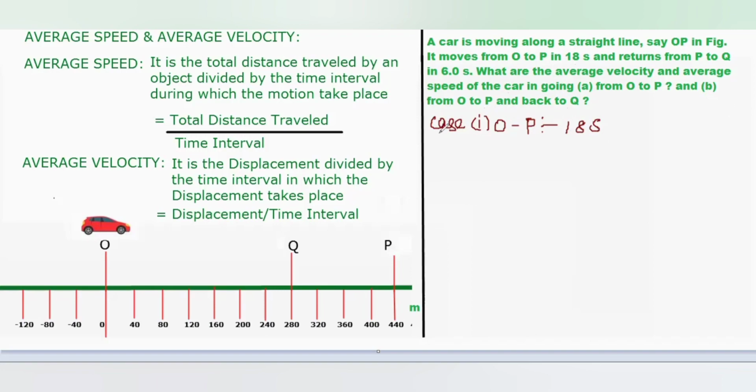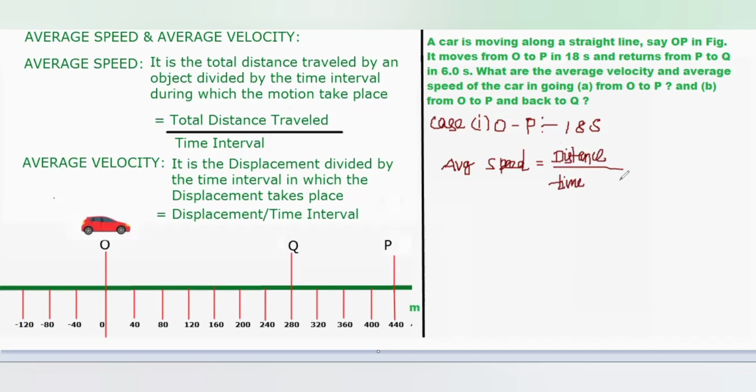We know that average speed is the total distance traveled divided by the time interval. The distance traveled we calculated in the previous topic, displacement and distance, where we discussed how to calculate the distance in this case.